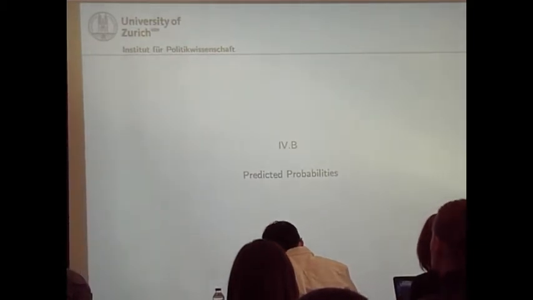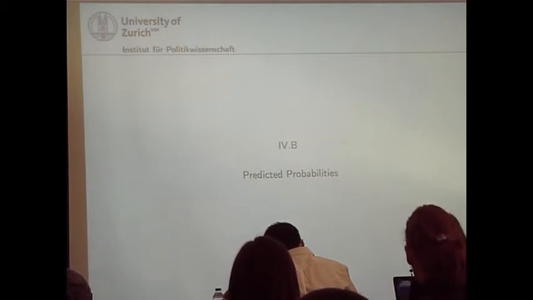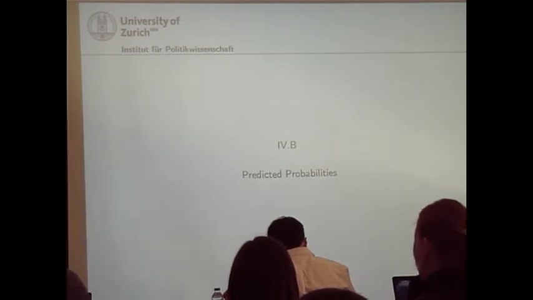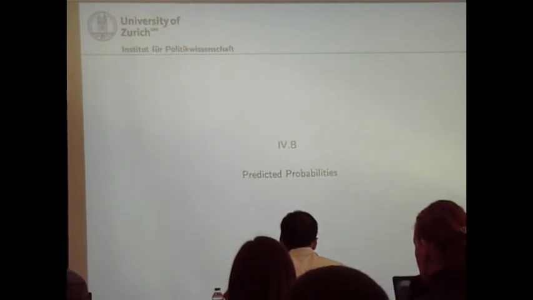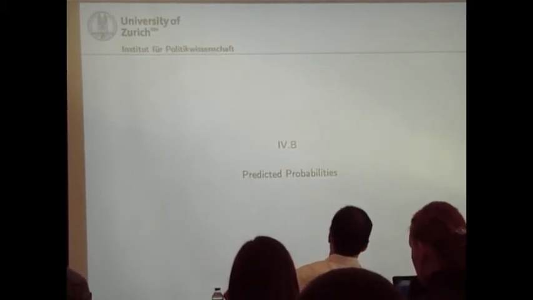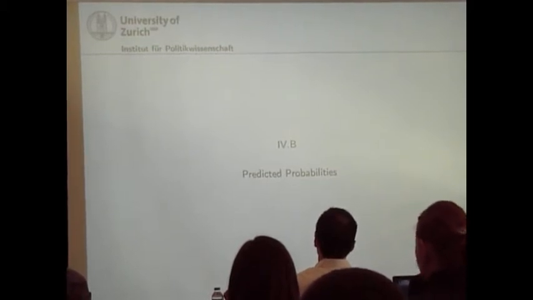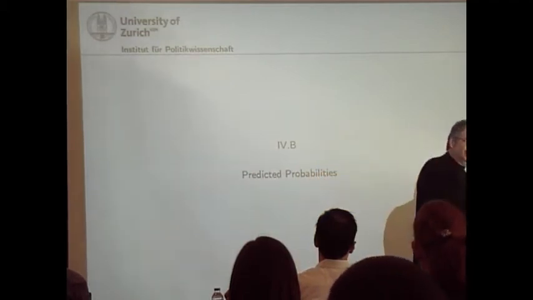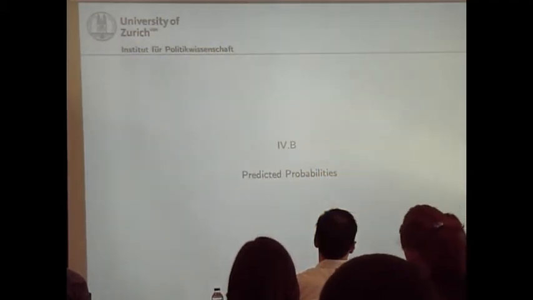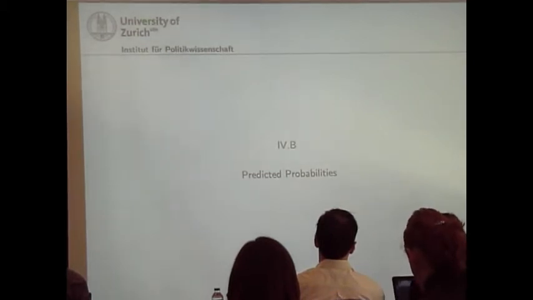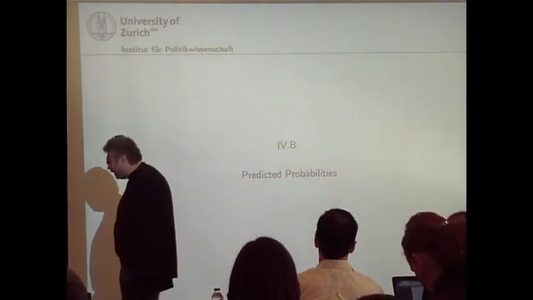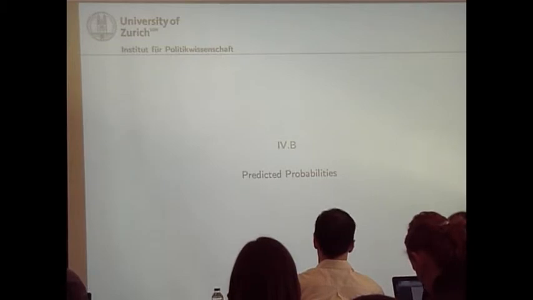I can wrap my brain around predictive probabilities much more easily than around an odds ratio. And I always say with the interpretation of these models, do whatever you feel comfortable with, as long as you do it right, of course. But I have not met many people who feel really comfortable interpreting odds ratios. I certainly am not one of those people who think naturally in terms of odds. I guess I'm not a betting man.